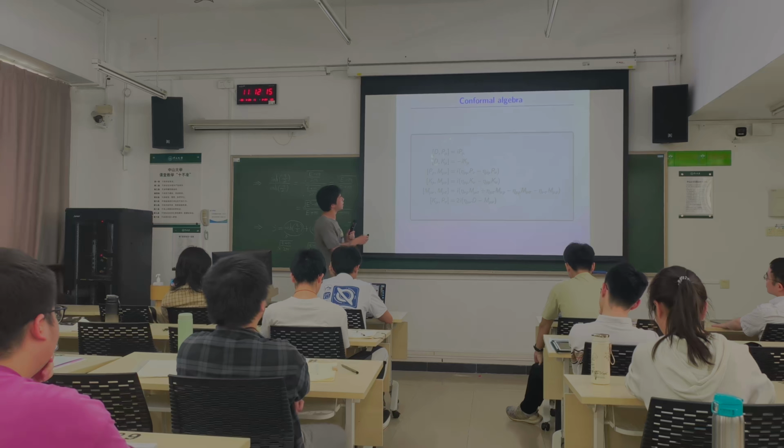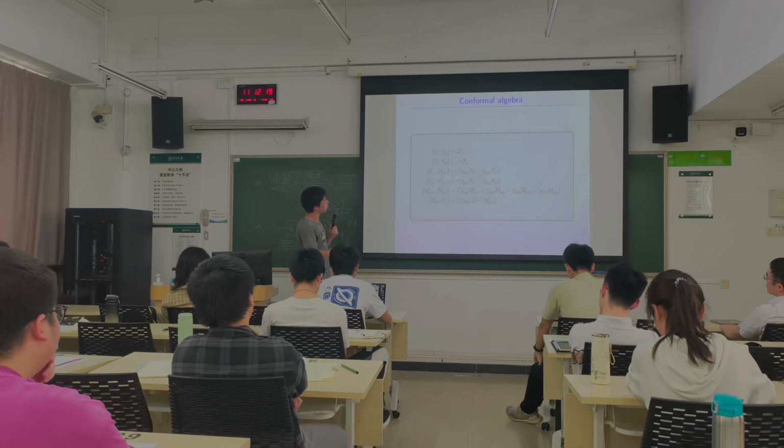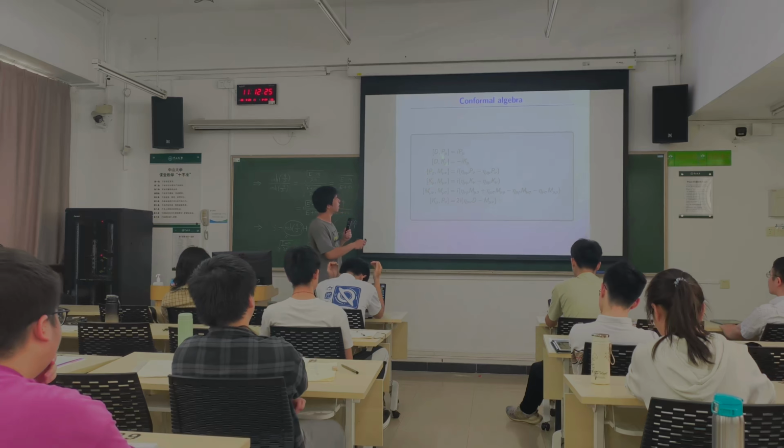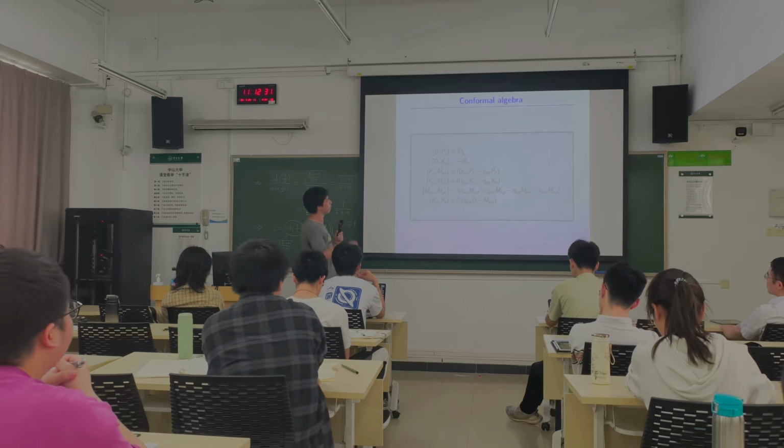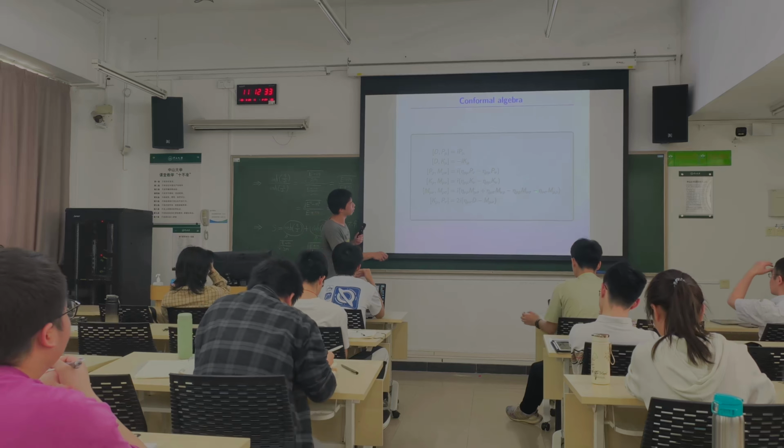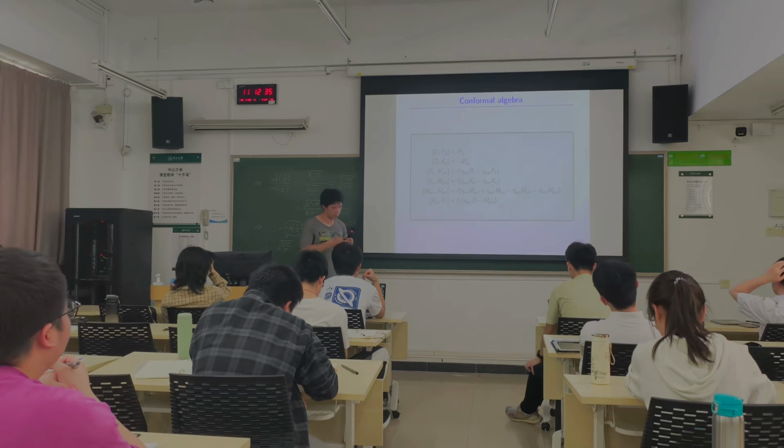And you can see this D, P_k, P_m actually form a subgroup of the conformal group, which means they're closed in themselves. And also these two, P and K, transform as vectors under the action of M, those Lorentz vectors. This is the general Lorentz algebra, so it's very straightforward.